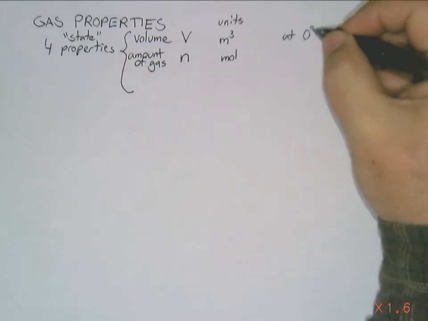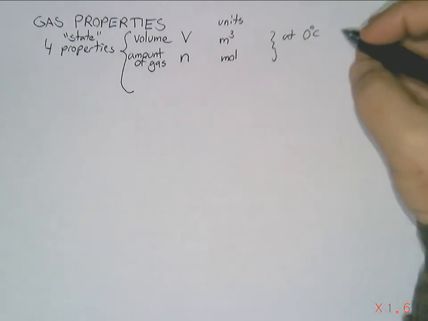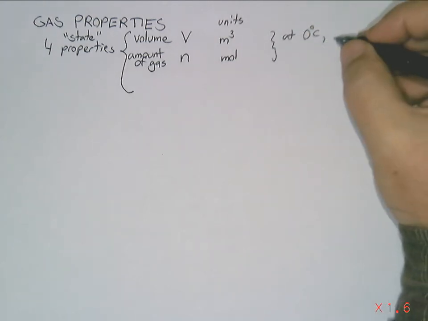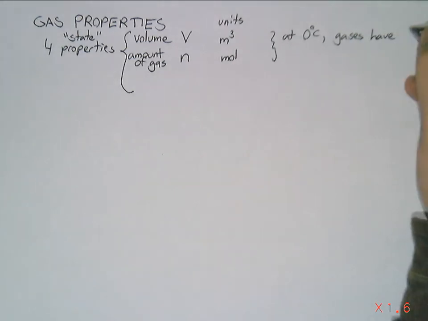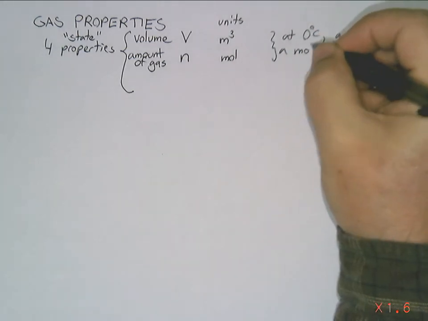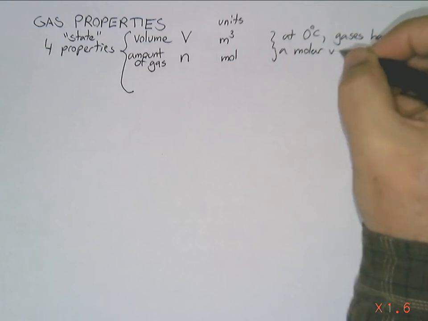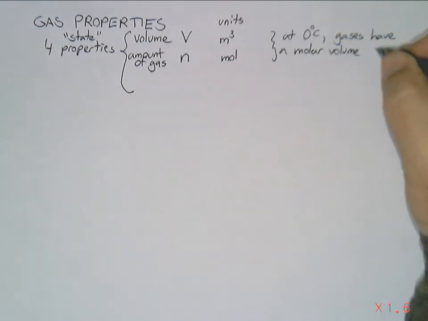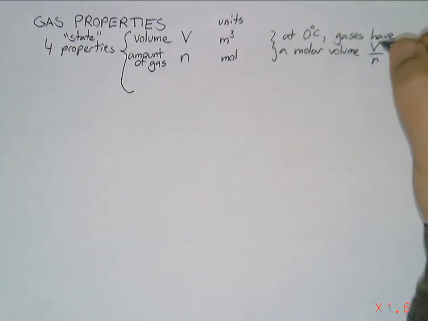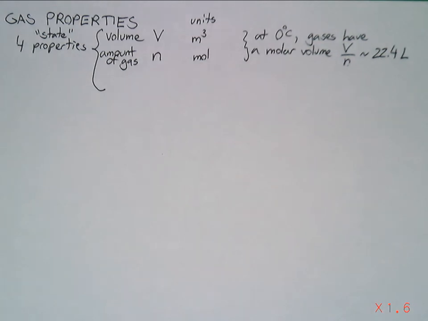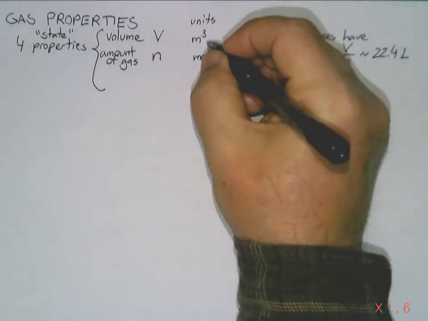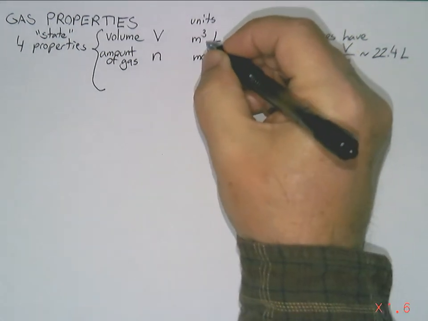At 0 degrees Celsius, gases have a molar volume, which is V per mole, volume per mole, which is about 22.4 liters. Now liters is another volume unit that we're going to use so often that we might as well put that in our little table here.